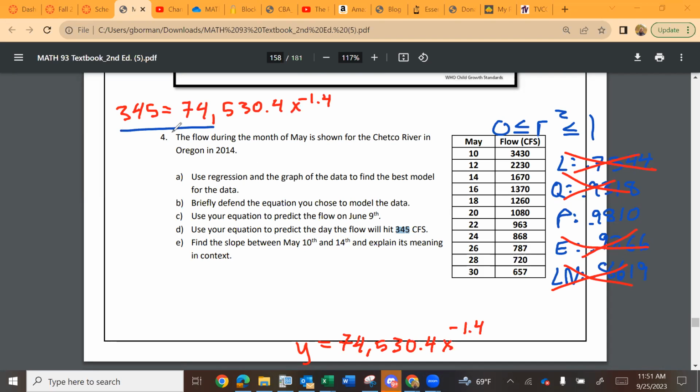We divide both sides by 74,530.4. Calculator out again. Okay, so I get 345 divided by 74,530.4, and that's going to give me about 0.0046.